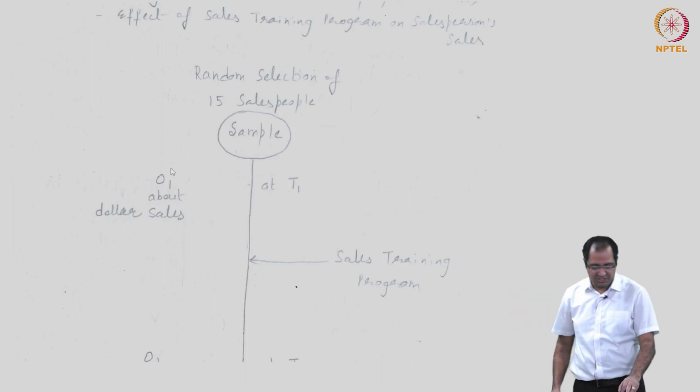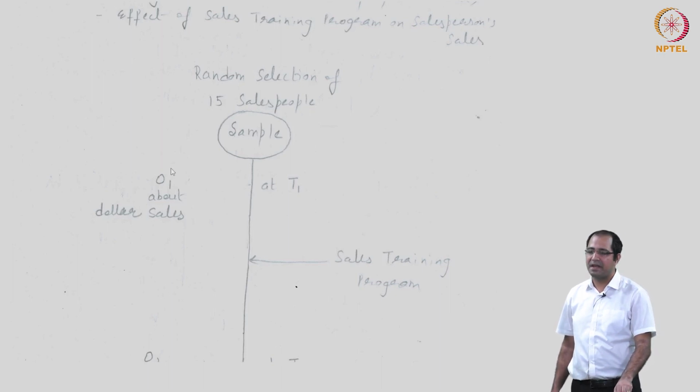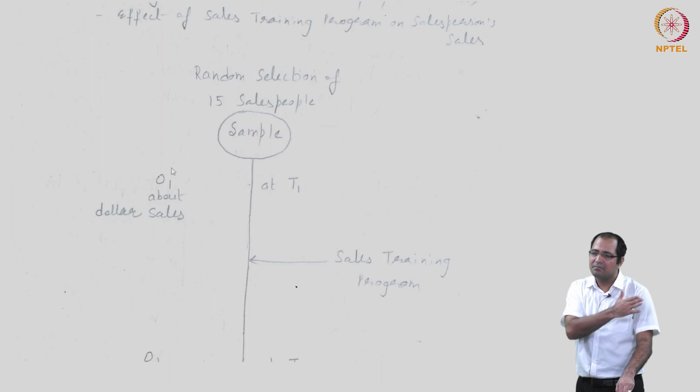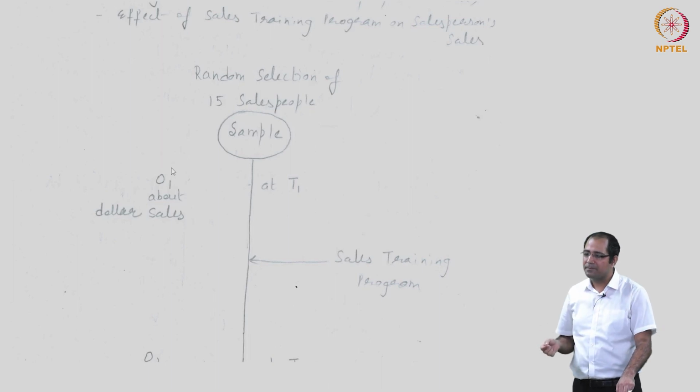They took the average, and that observation for the 15 salespeople is written as O1. At time T1, they took the observation of their sales performance. The 15 salespeople would have some sales performance average of the previous 3 months, that is written as O1. At T1, the readings are taken.